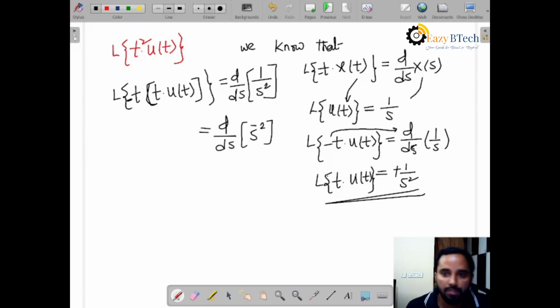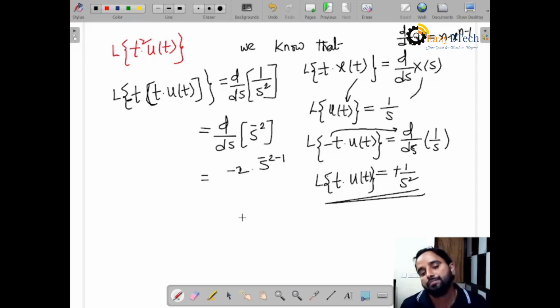So what is d by dx of x power n? n into x power n minus 1. That's all. So here minus 2. So minus 2 into s power minus 2 minus 1, right?